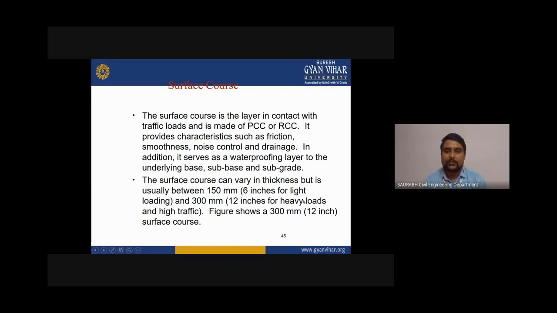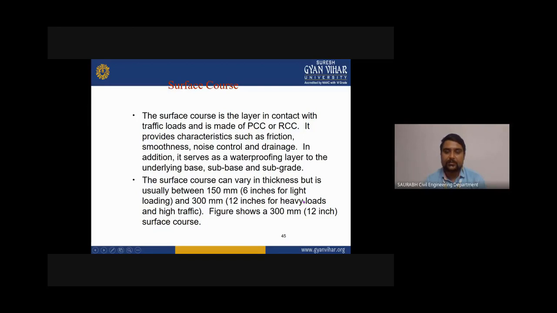The surface course is the layer in contact with the traffic load, made up of PCC or RCC. It provides characteristics such as friction, smoothness, noise control, and drainage. In addition, it serves as a waterproofing layer to the underlying base, subbase, and subgrade.